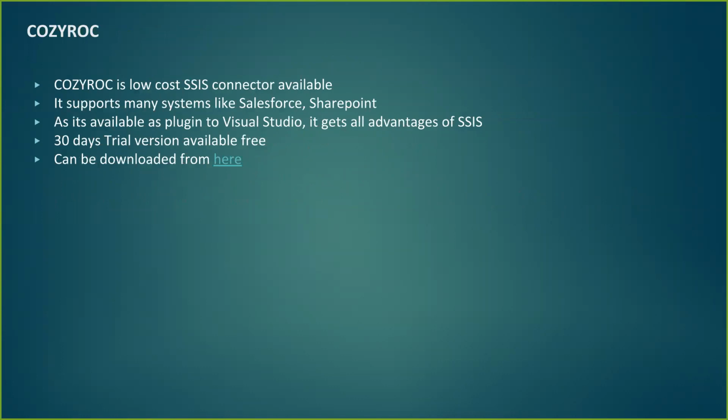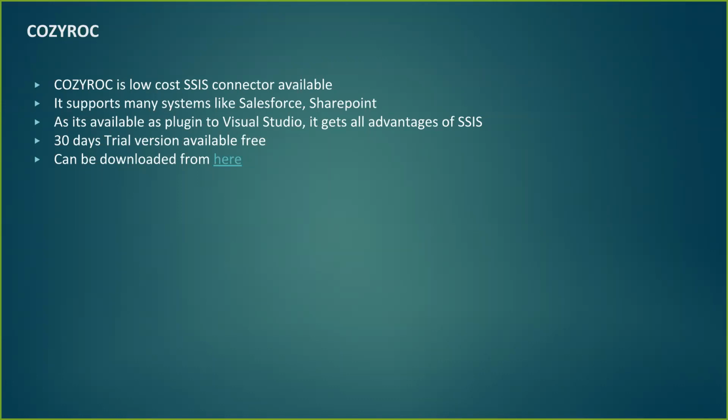COZYROC is a very low-cost SSIS component, or connector. If you are doing a data migration project, we have a lot of other options. We have Jitterbit, and we have dataloader.io, which works very well if you don't have an enterprise client. But if you have an enterprise client, sometimes dataloader.io is not approved.